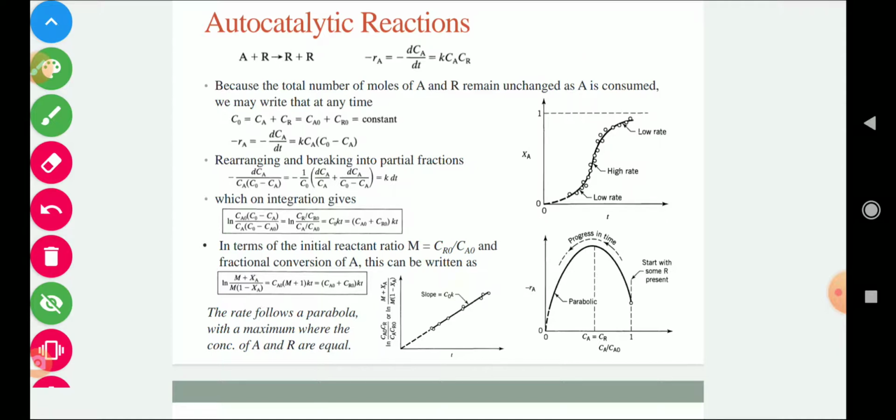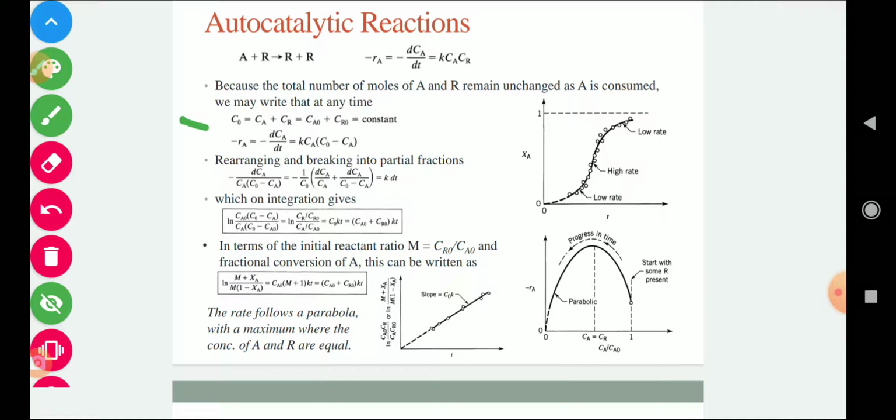Because the total number of moles of A and R remains unchanged as A is consumed, because 1 mole of A reacts with 1 mole of R, the total number of moles is equal to mole A plus mole R, that is constant. So we can write C0 equal to Ca plus Cr. C0 is the total number of moles at any time t. So that is constant.